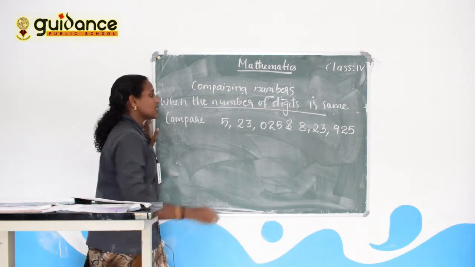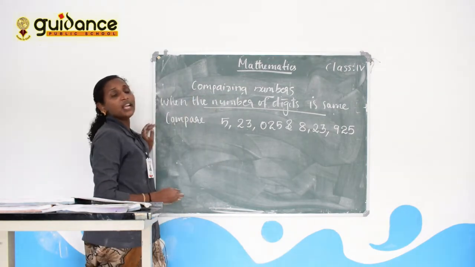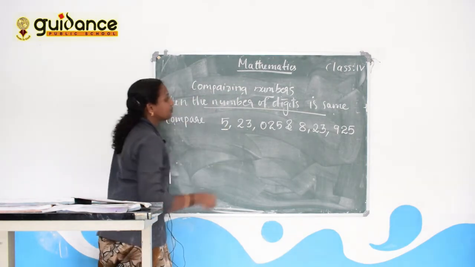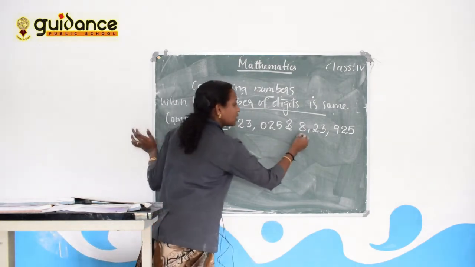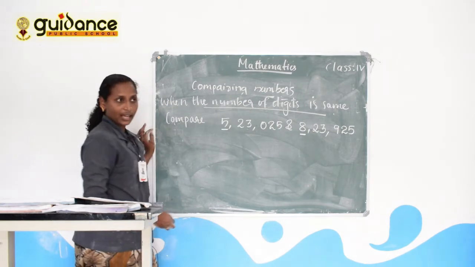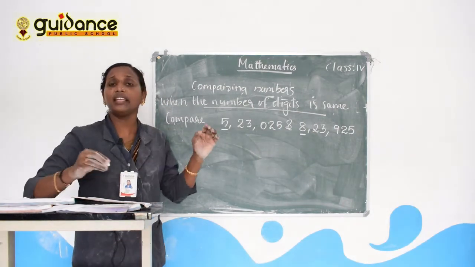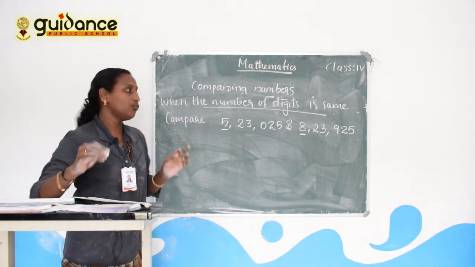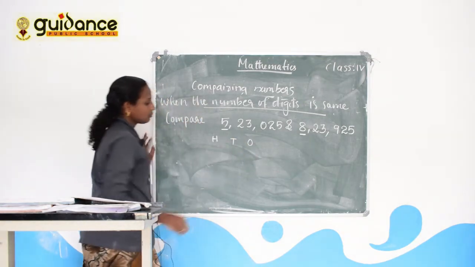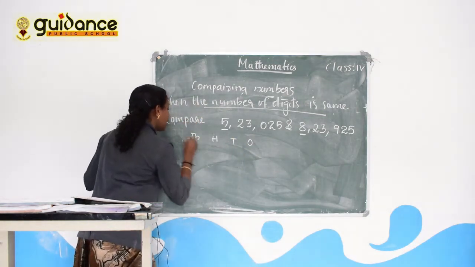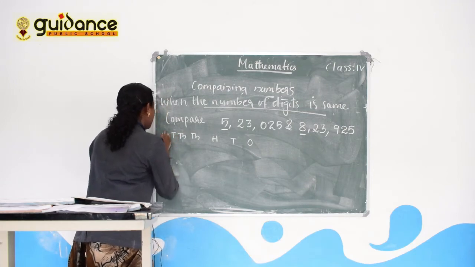So look at this question. The extreme left is the lakh place. Before that, we have to write the number in the place value form. Ones, tens, hundreds, thousands, 10,000 and lakh.